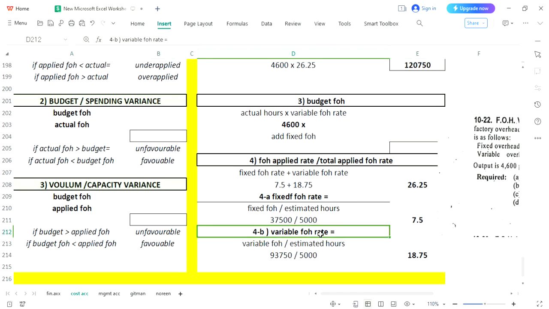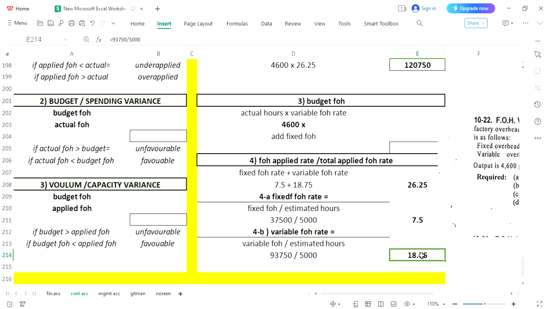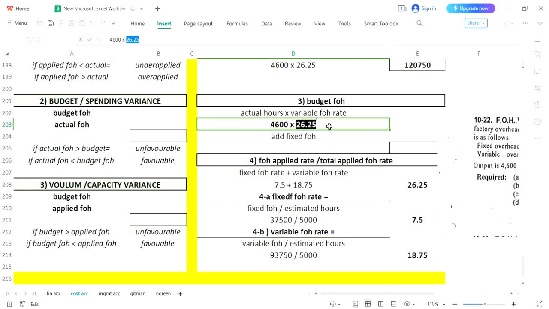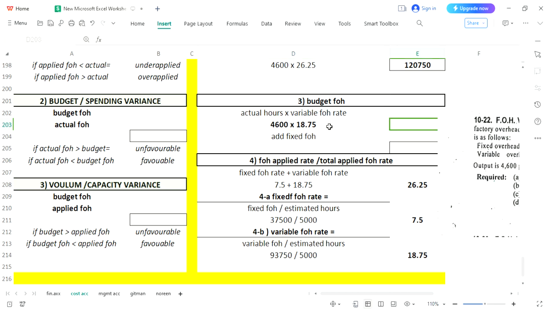Variable FH rate is 18.75. So come over here to calculate your budget FH. 18.75 rate. Statement completed. Calculate it on your calculator. 4600 is going to be multiplied by 18.75.